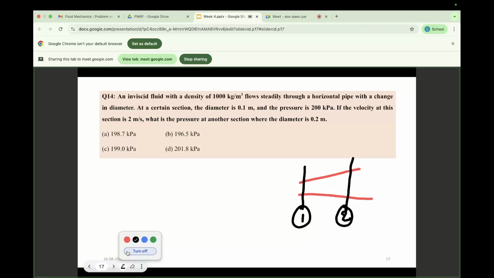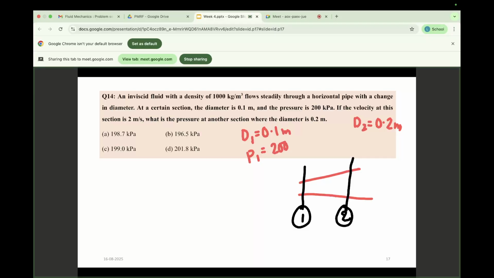So what is given? Initially diameter 1 is 0.1 meter and diameter 2 is 0.2 meter. Pressure P1 is given as 200 kilopascal. Kilo means 10 to the power 3.